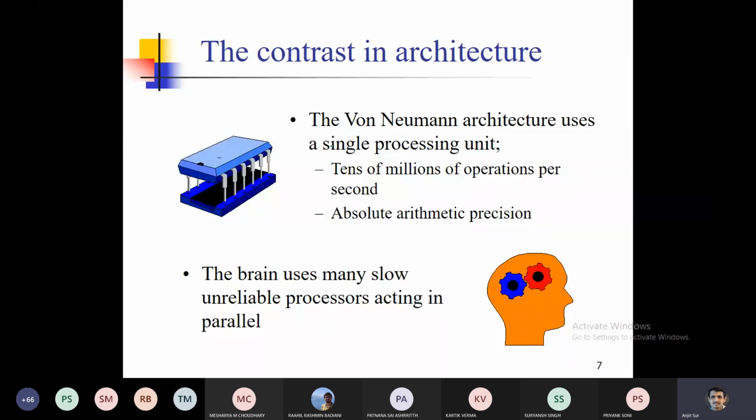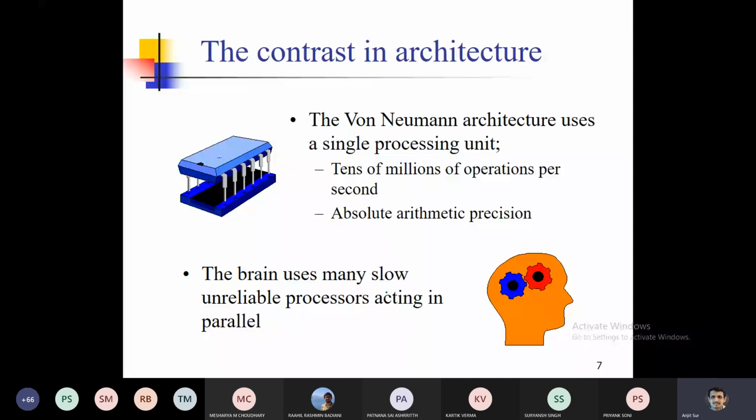The computer architecture performs ten millions of operations per second with absolute arithmetic precision. These are the machines we have. The brain uses mainly slow, unreliable processors acting in parallel.